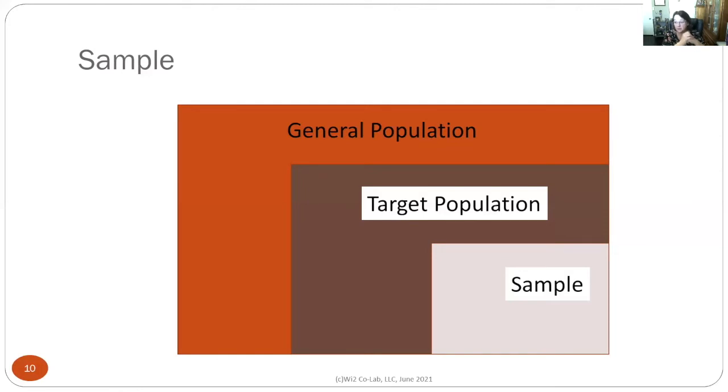Does that make sense? And then some universities have thrown in something called a sample frame, which is a little different, and it sits between target population and sample. Who are you going after? What are you doing? And then who did you actually get in your sample? So you're going to want to make sure that you understand these.